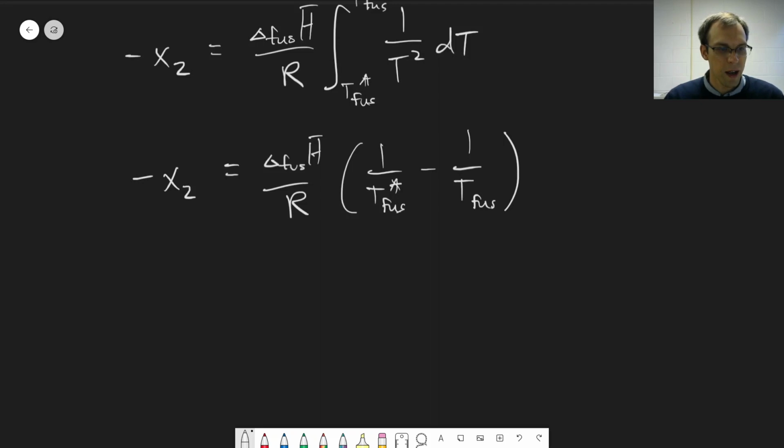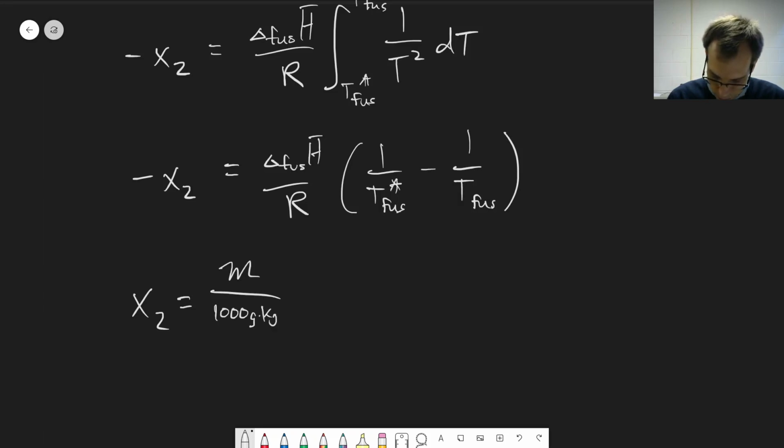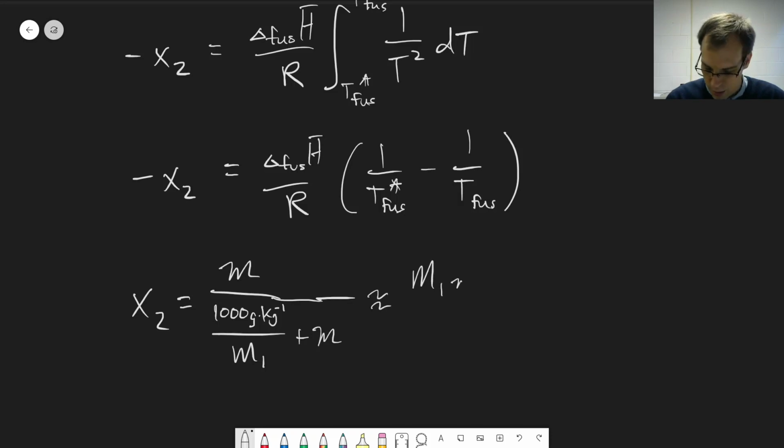So now we can go ahead and rewrite x2 in terms of molality, because that's what we want to express everything in terms of. X2 in terms of molality is equal to molality divided by 1,000, we need to make the appropriate change to kilograms, divided by the molecular weight of our solvent plus molality. And this is approximately equal to the molecular weight of our solvent times molality divided by our unit conversion here.